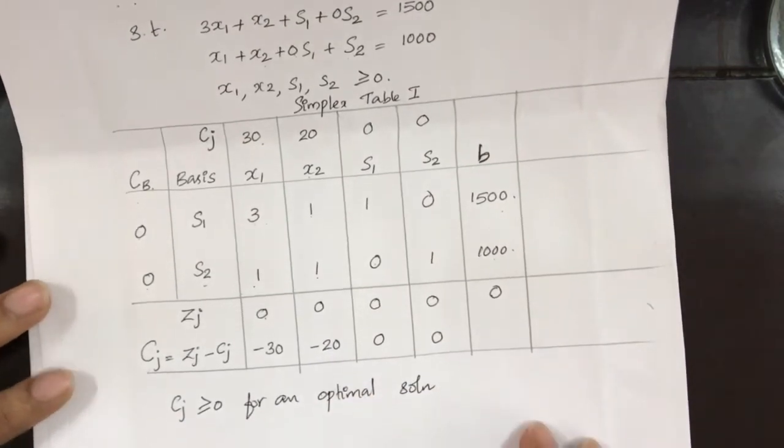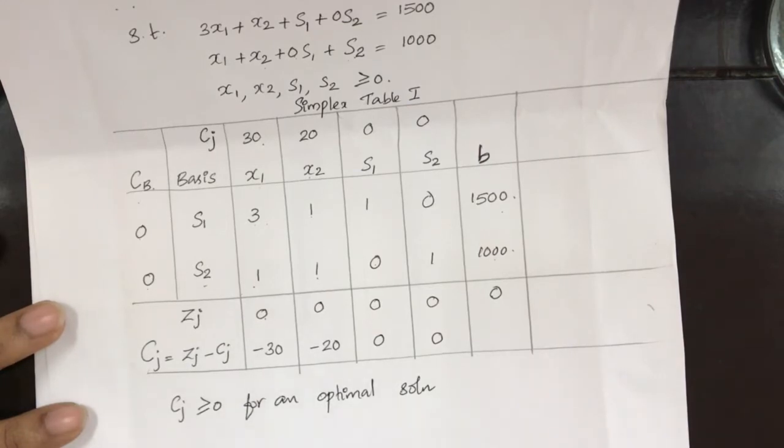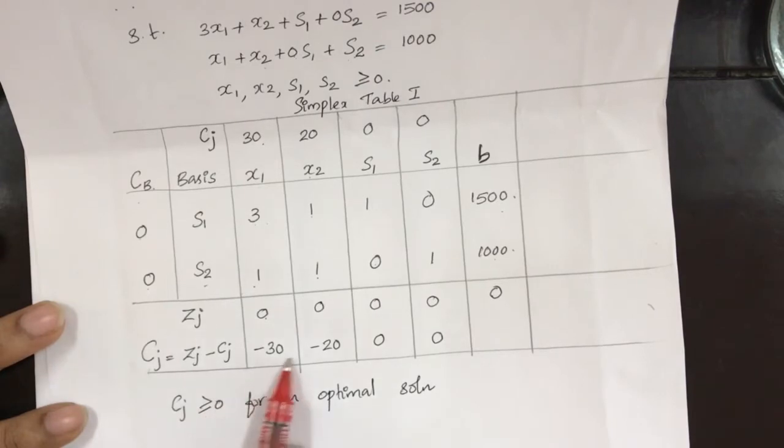Look at here, there are negative values. We need to choose the lowest negative value, otherwise the highest number having a negative sign. The highest number having a negative sign is minus 30.